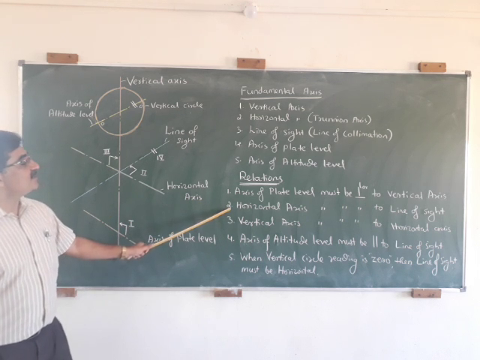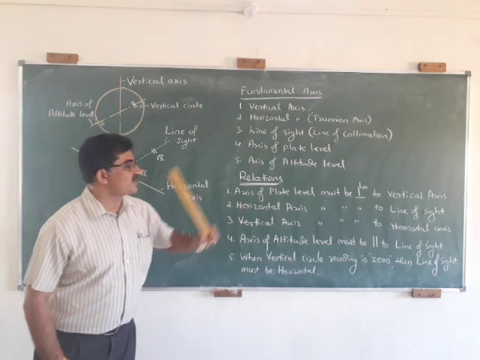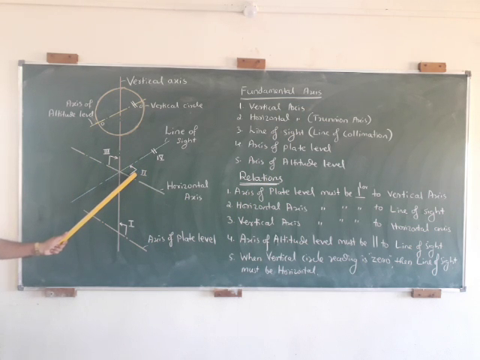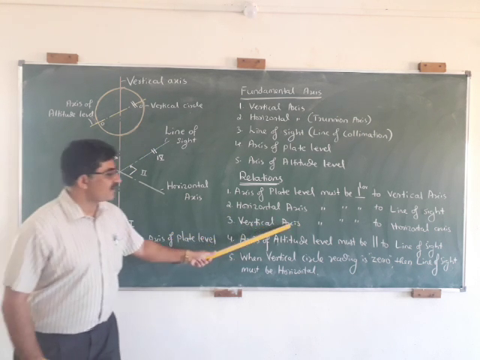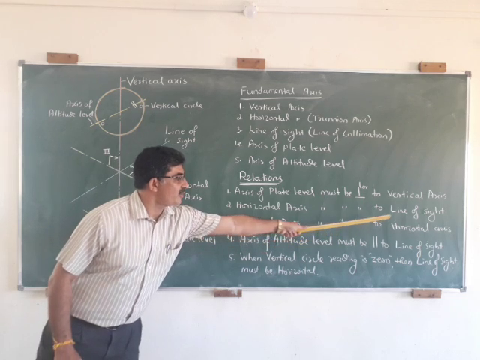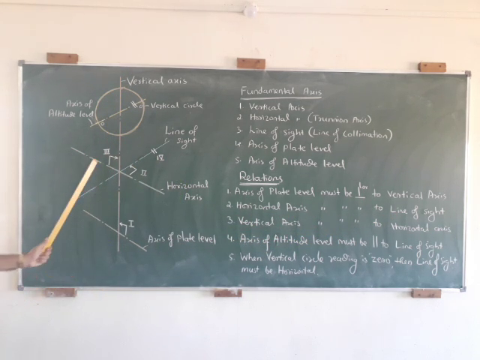The second relation is that the horizontal axis must be perpendicular to the line of sight. It is marked here. Number 3, the vertical axis must be perpendicular to the horizontal axis. So this is the third relation.